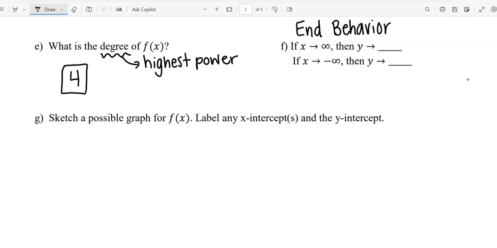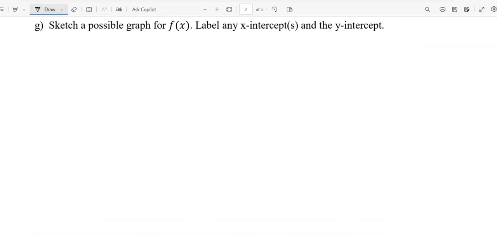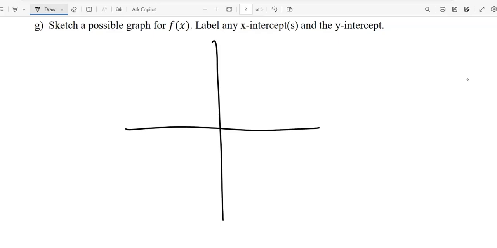It looks like domain and range because it has that infinity and negative infinity, but you're really just talking about where your arms go on the ends of your function. Let's graph this. Listen, this graph is going to be very wonky. The scales are not going to be very accurate. It's going to be very stretched, but we're just going to sketch the graph to get a picture of it. It does not have to be perfect, and it does not have to be perfectly symmetrical.